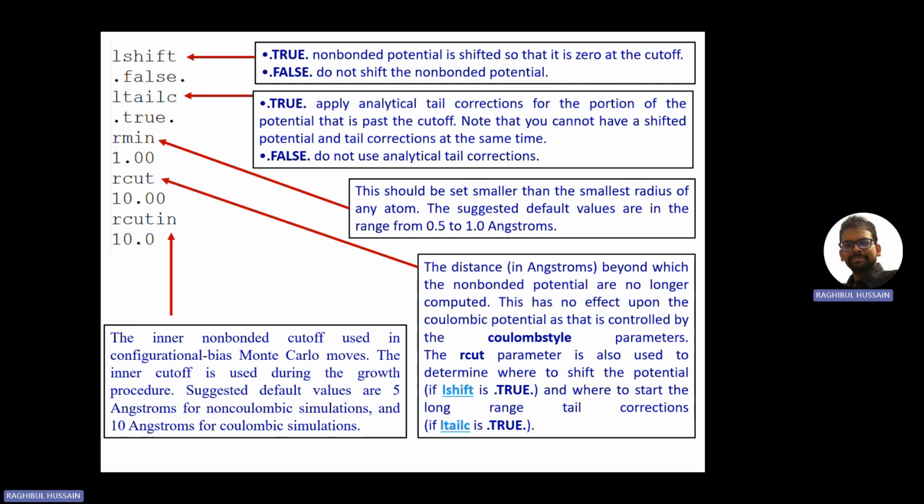So we need the distance. We are telling the software not to consider a distance beyond 10 angstrom. It means if r is greater than 10, this potential will be zero. If the distance is less than the cutoff, then only you use this equation.